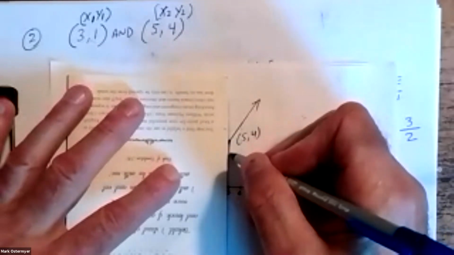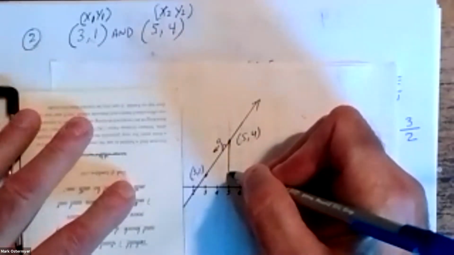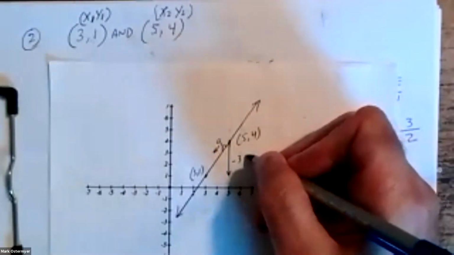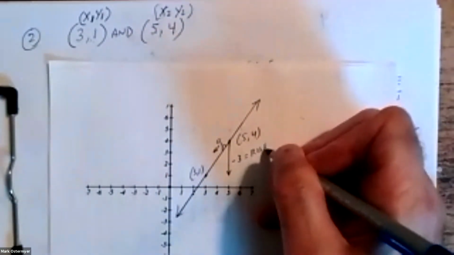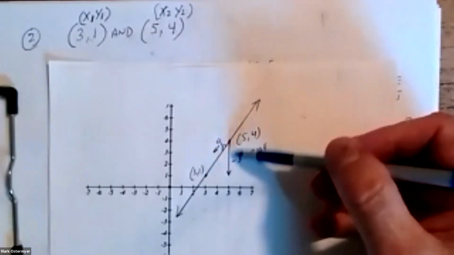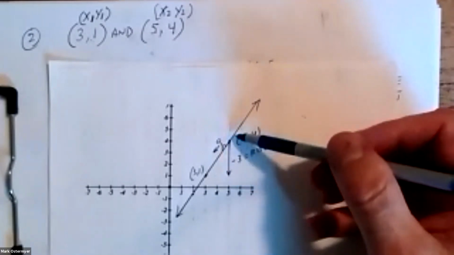The answer is yes, because the rise now is not +3, but the rise now would be -3, because we're moving from this point down to this point. So the rise would be in the negative y direction, -3.